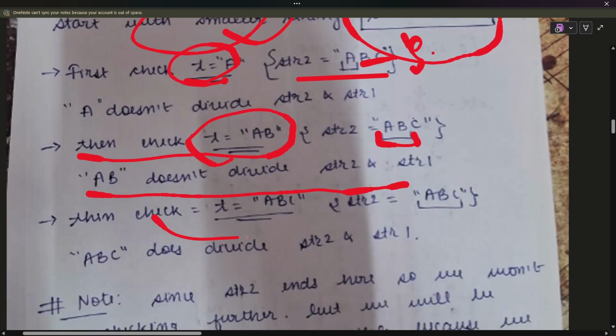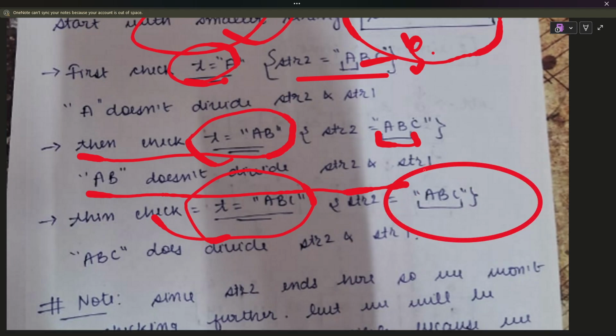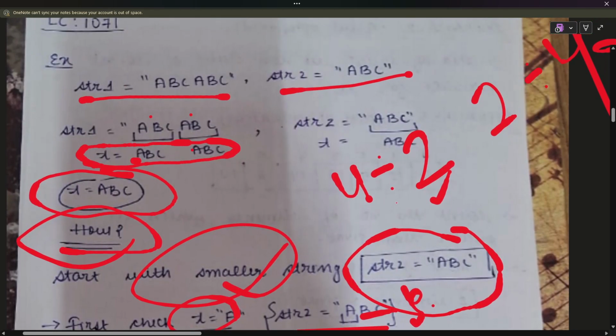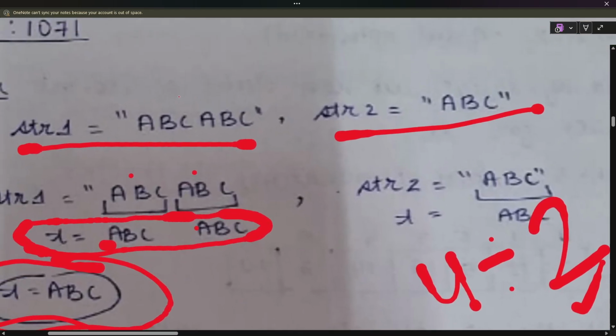Then check T equal to ABC. Okay, so here you can see T does divide str2 and T does divide str1 also. Okay, so where was the str1? Let me just zoom it a bit.